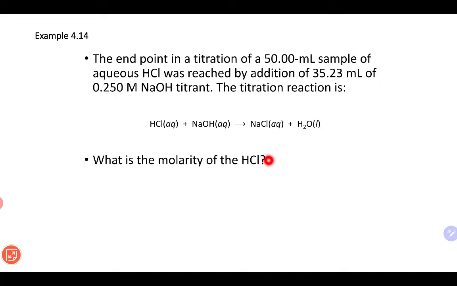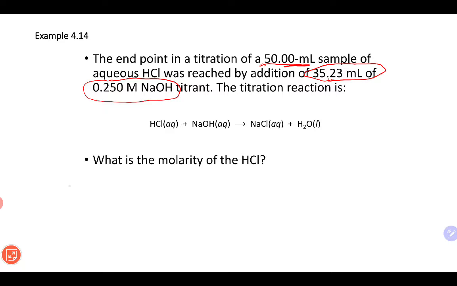What's the molarity of the HCl? So we know this about the sodium hydroxide. We know that we have 35.23 milliliters of it, and we know its molarity. So the sodium hydroxide is our known solution here. The 50 milliliter sample of hydrochloric acid is our unknown.